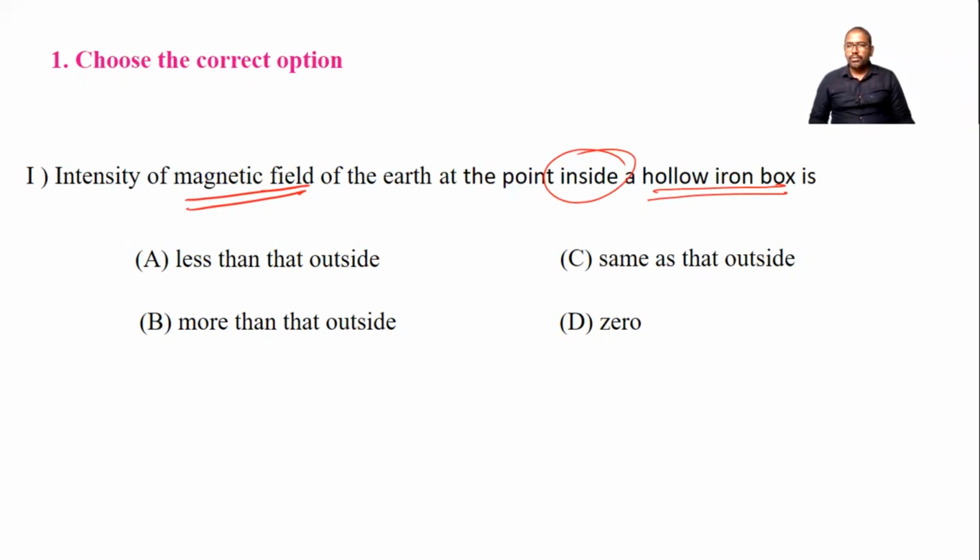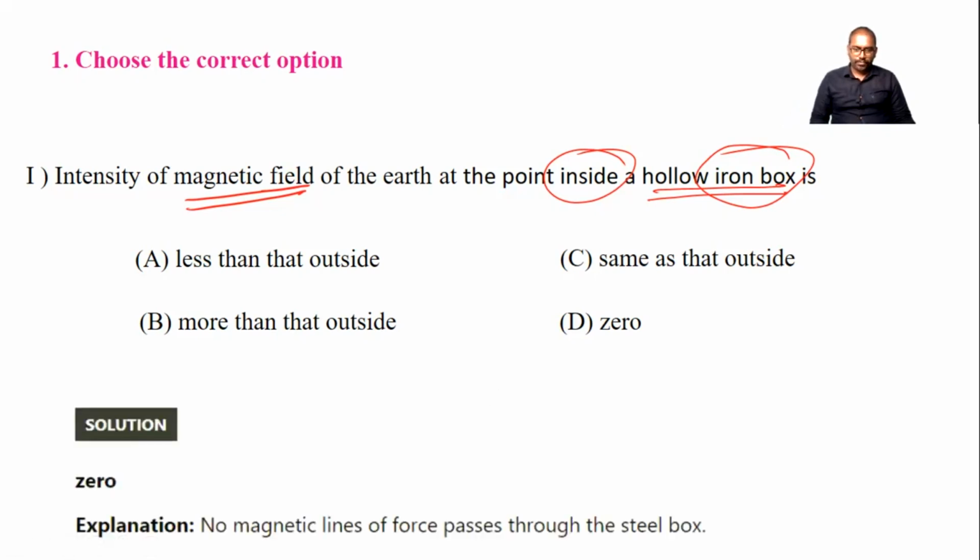Magnetic lines of force pass through an insulator but do not pass through a conductor. So this iron box is a conductor, so there are no magnetic lines of force inside the iron box. Therefore we can say that the intensity of the magnetic field inside this iron box is zero.